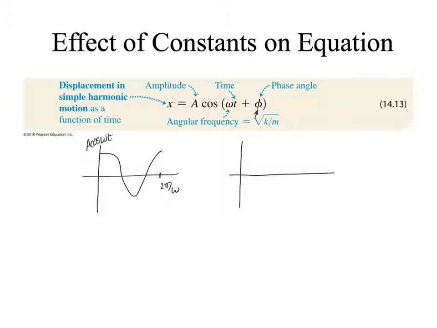We're looking at the cosine function where it's phi. And so what the phase angle does is it shifts the cosine function over a little bit, so that at t equals 0, the whole angle is not 0 but is equal to phi. So it just shifts the cosine function to the left by an amount equal to the phase angle.